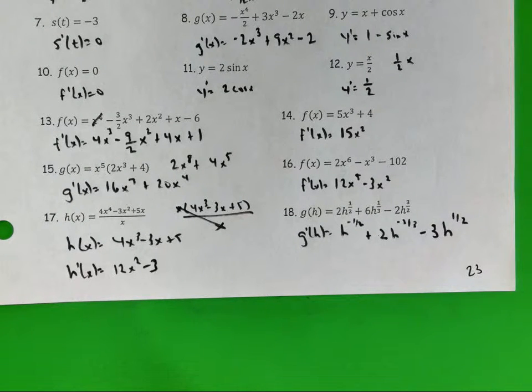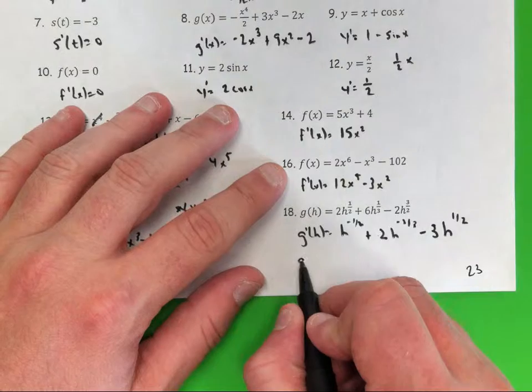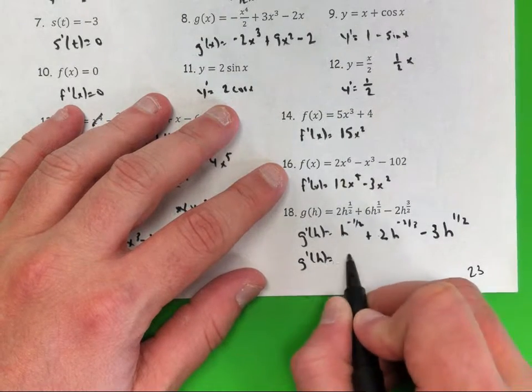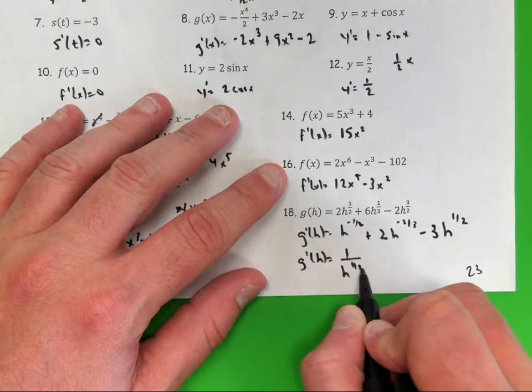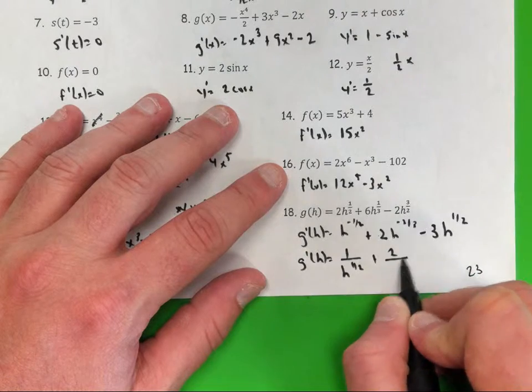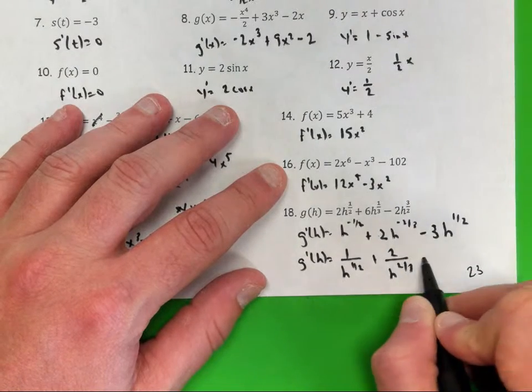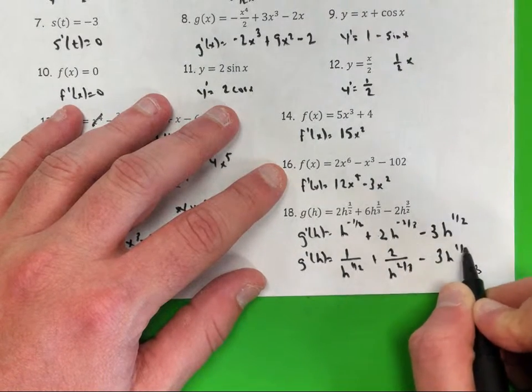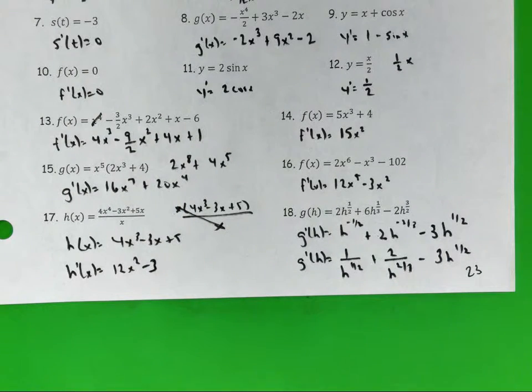Subtracted 1, that gives negative 1/2. Do we understand how I got these numbers here? Now, do I like negative exponents? So you do need to come under here and put it like this. And you can leave it like that. Yes. So negative 1/2, put it in the denominator, and negative 2/3, and just leave it like that. You don't have to go any further than that.